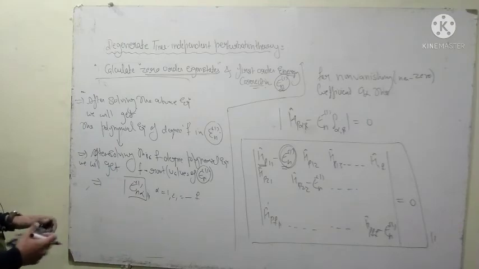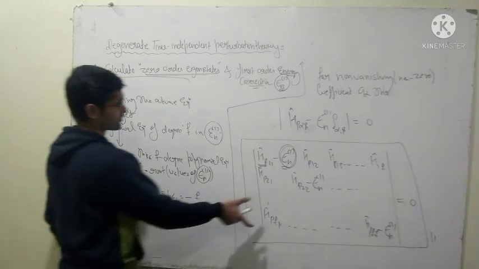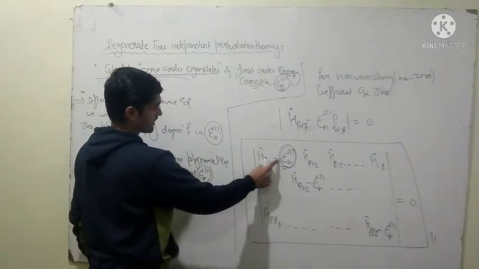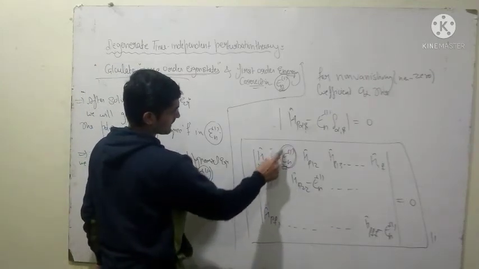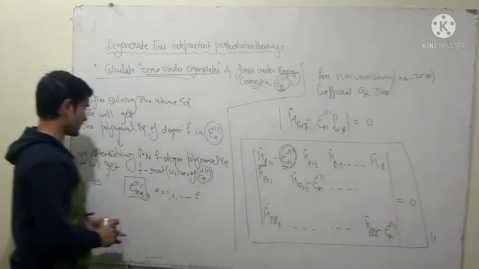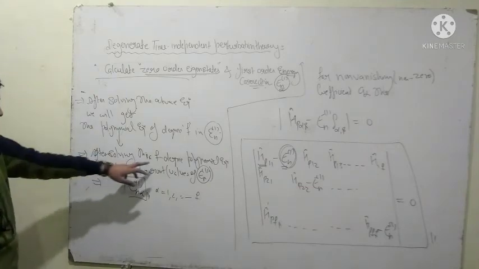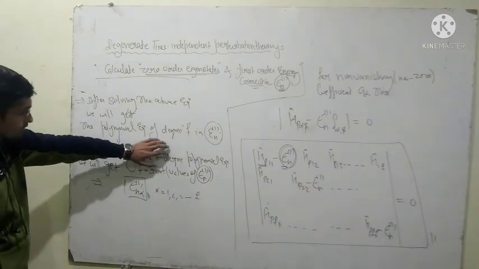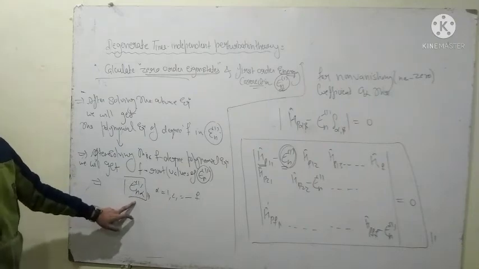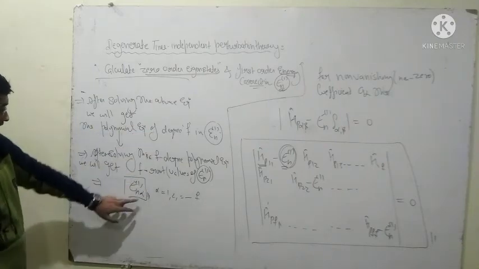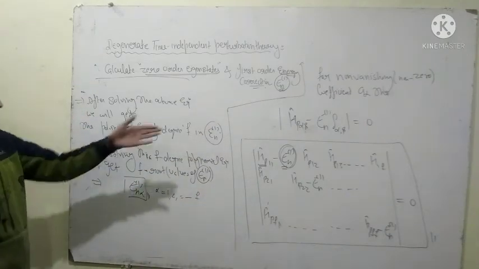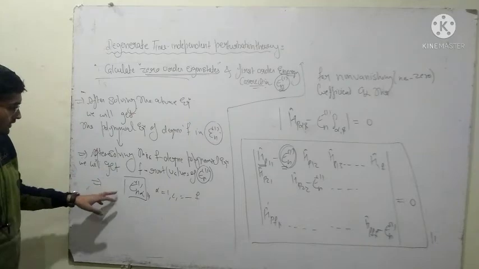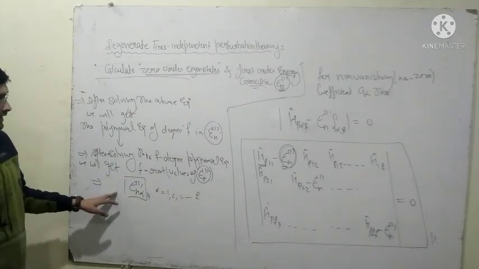In general, in perturbation theory you have to solve this determinant to get the fth degree polynomial in En1, and from that polynomial you have to calculate the f roots. Those f roots are the first order correction in energy. So there is no direct formula. We have to do all these calculations to get this quantity, right?